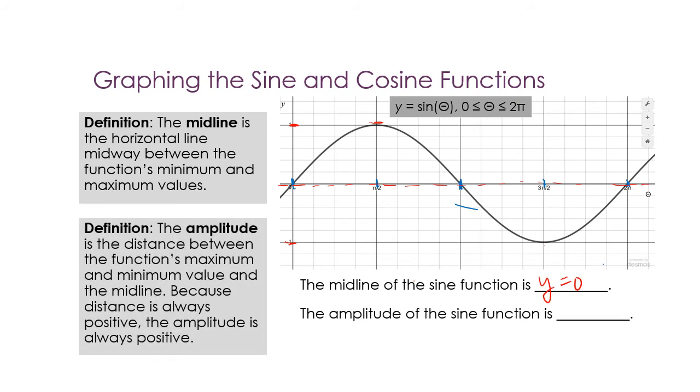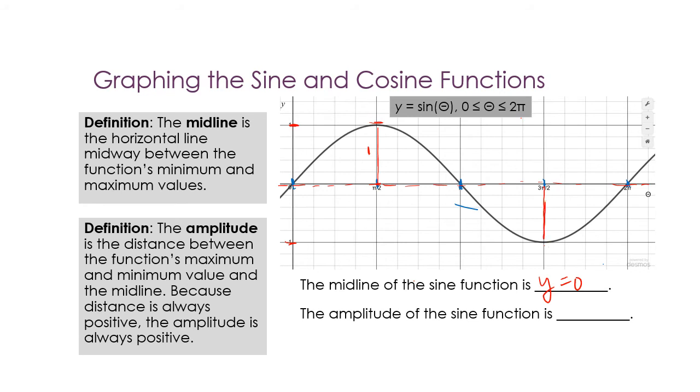And then we have amplitude. Amplitude is the distance between the function's maximum and minimum values. Because the distance is always positive, the amplitude is always positive. So to get from the midline to this maximum is 1 unit.